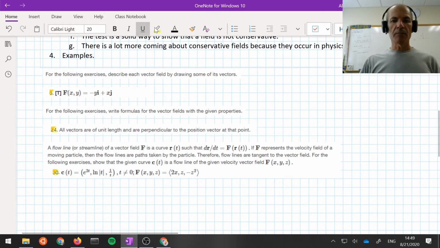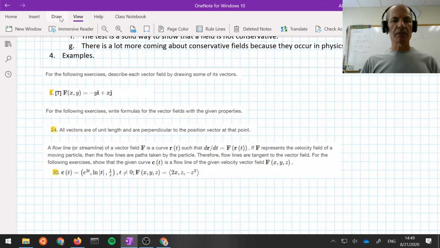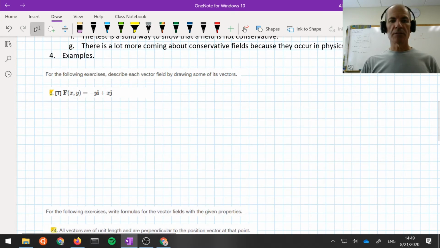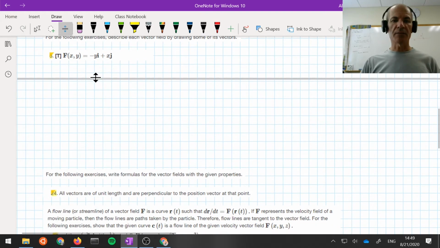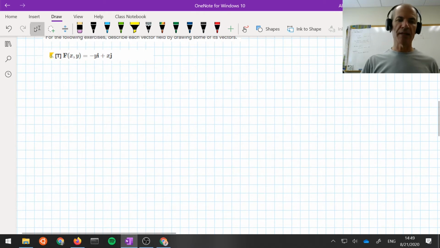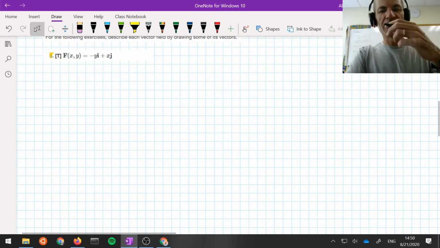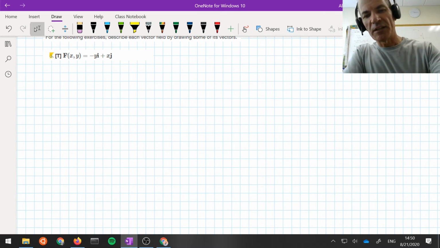All right, in problem 6, we are asked to draw by hand or sketch some of these vectors by hand. Boy, this is a ridiculously confusing process, and I would encourage you to at least do this once or twice.